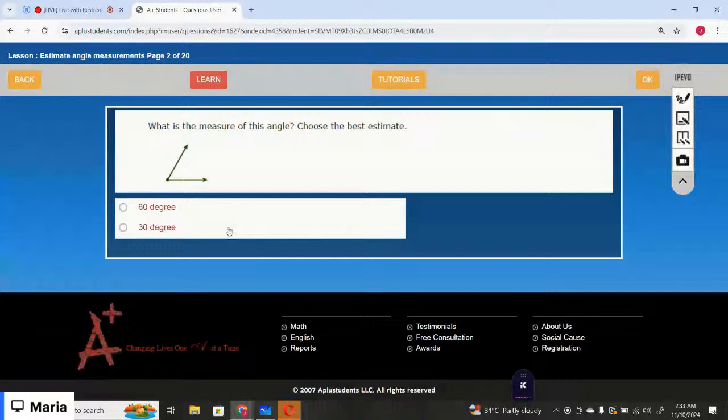Yes, that is 30 degrees, right? Sorry, 60 degrees. That is close to 90 degrees, so that is 60 degrees. The correct option is 60.